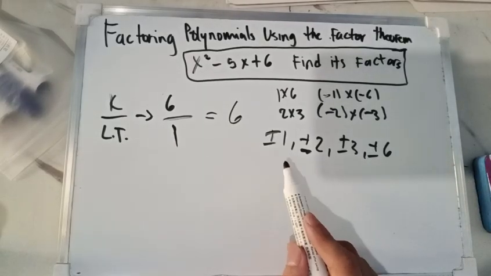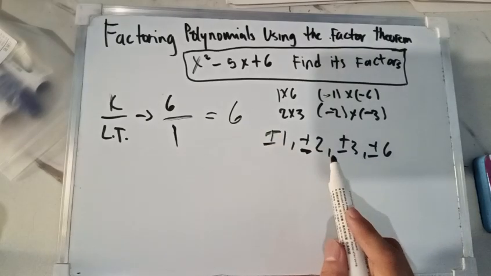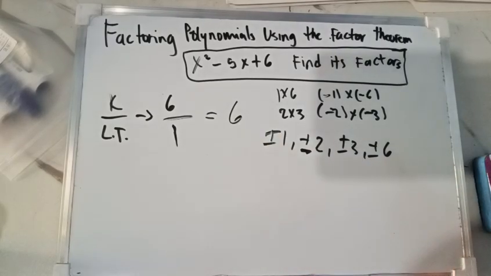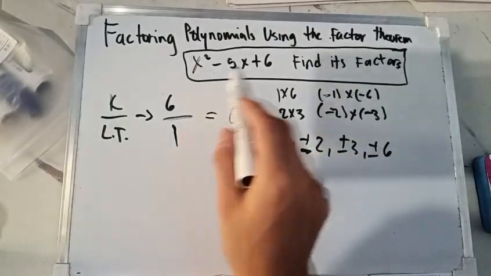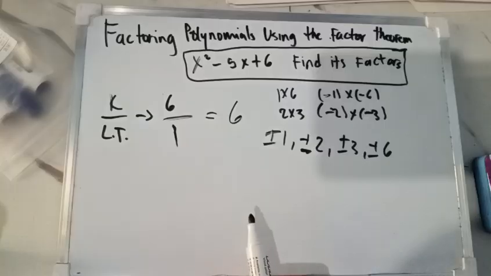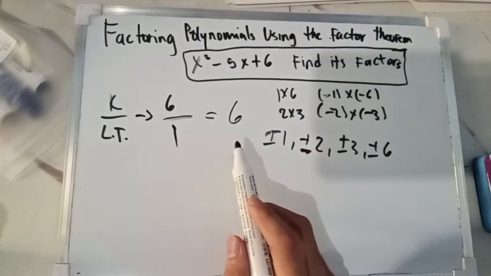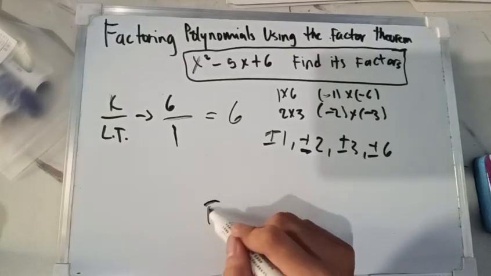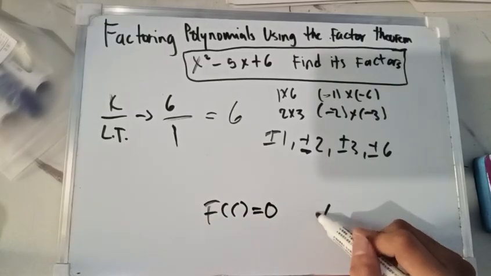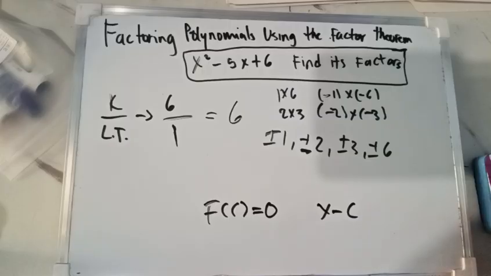We must substitute these values into the polynomial and we should get 0. In that case, we satisfy the factor theorem, which states that if f of c is equal to 0, then x minus c is a factor.